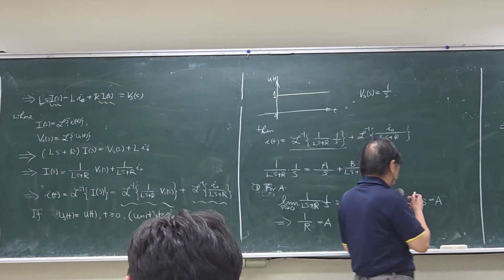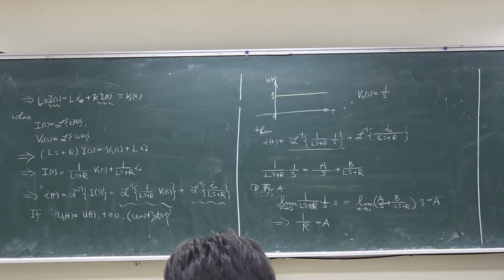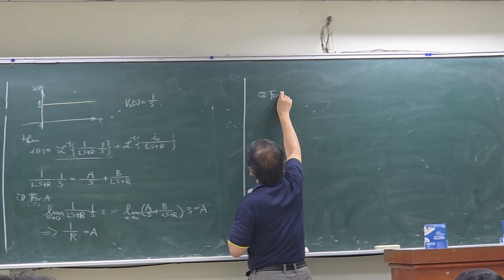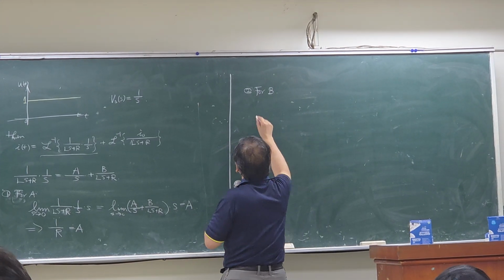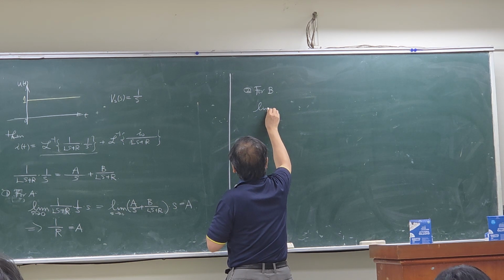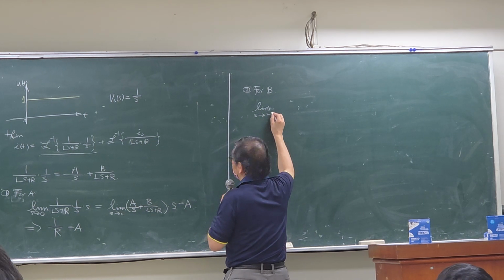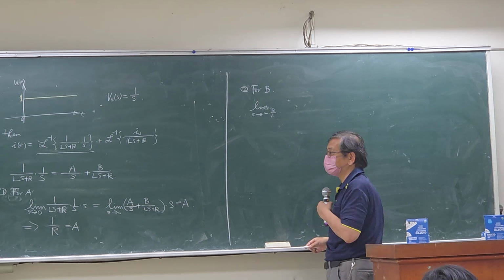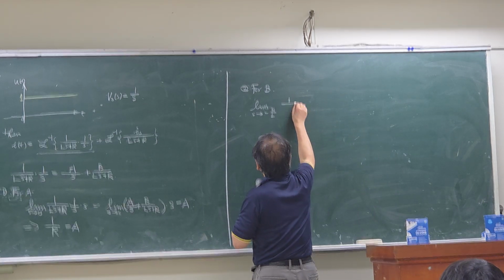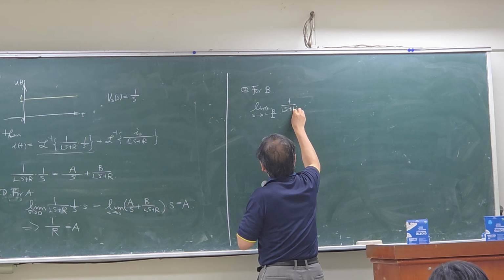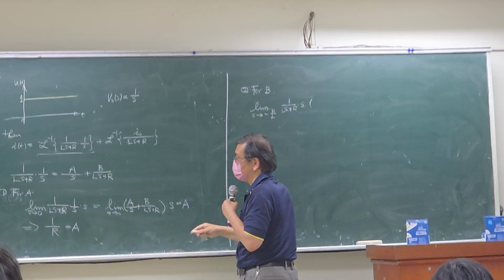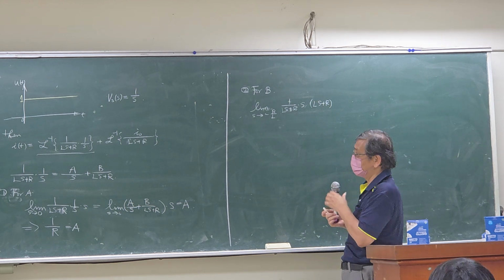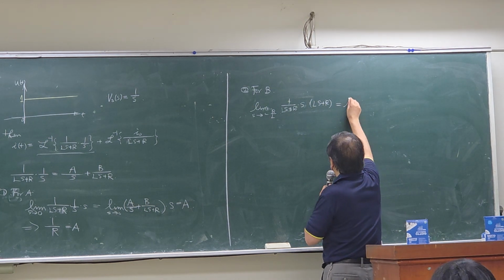And then for B, similarly, we let s approach negative R. Then 1 over (s plus R) times s, multiplied by (s plus R), is the left hand side.